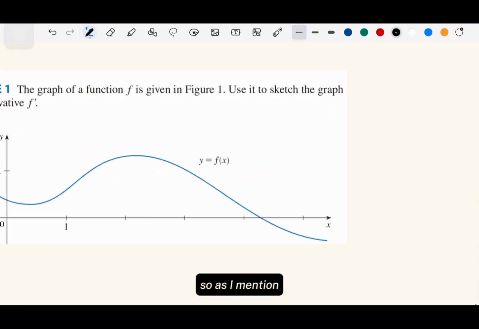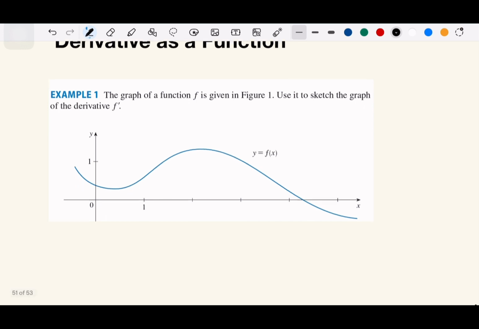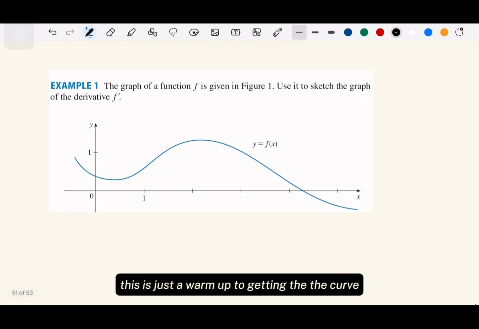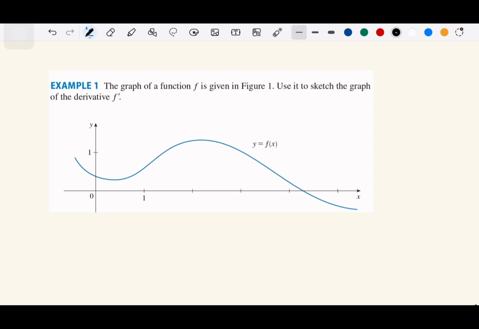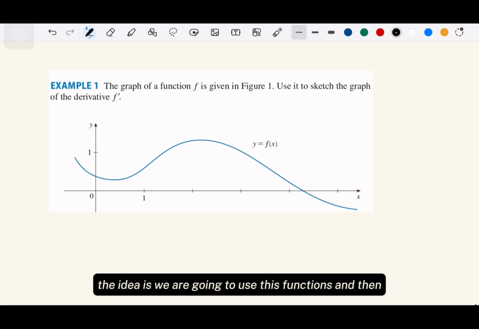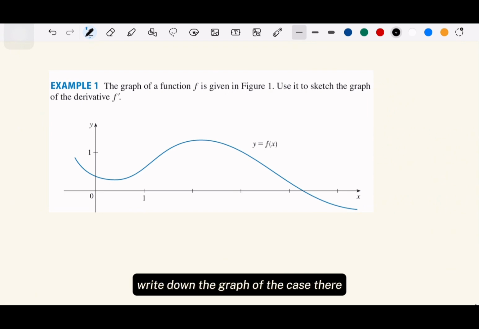So as I mentioned, this is just a warm up to sketching the curve. So we have a function like this. The idea is we are going to use this function and then write down the graph of its derivative.